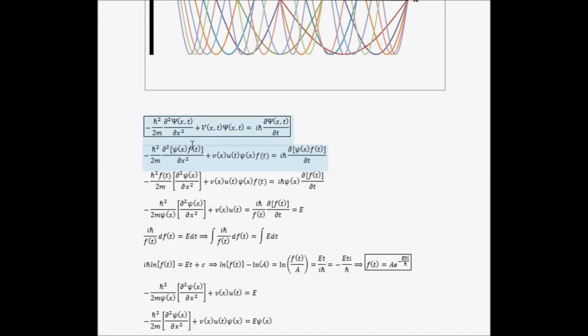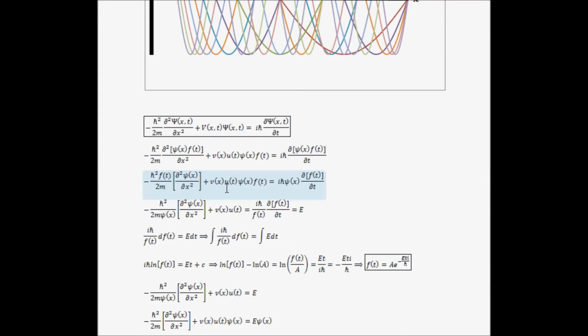Since this function of t has got nothing to do with x, it's not explicitly defined in terms of x, it's not relevant. So it's just a constant to all intents and purposes, so it can be taken out, which is what I've done here.